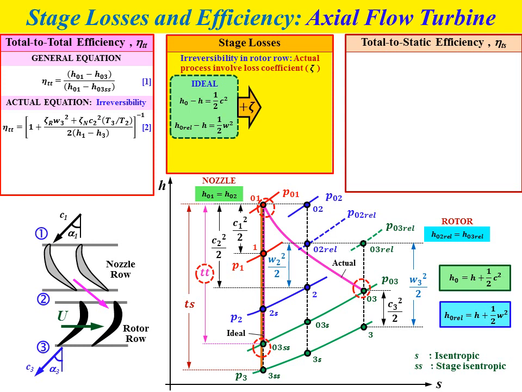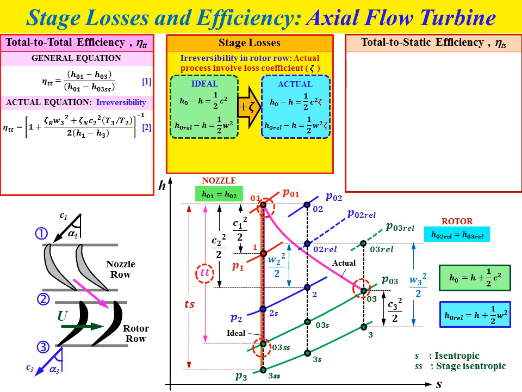When we include the actual process, we need to add the loss coefficient component into the enthalpy equation, where for the actual process we will have H0 minus H equals half C square multiplied by the zeta component, and H0 relative minus H equals half W square multiplied by the zeta component.